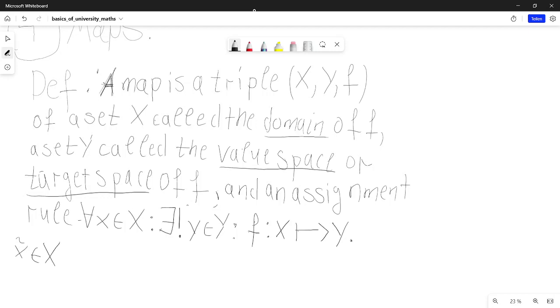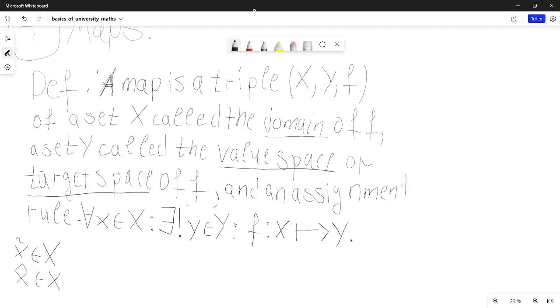Then we take another, like x hat, element of X, and then again there exists exactly one. It could be the same, doesn't matter, because the only thing that we care about for this now fixed element of X is that there exists exactly one.